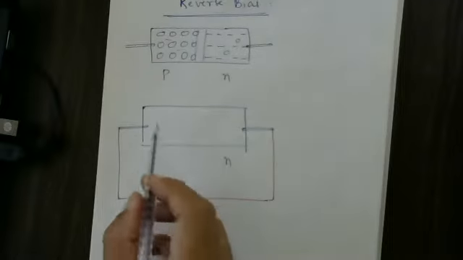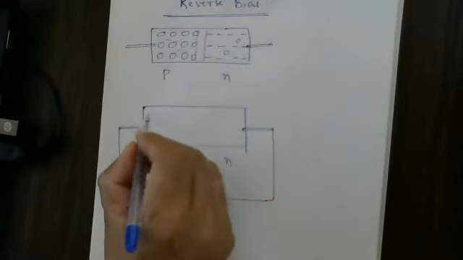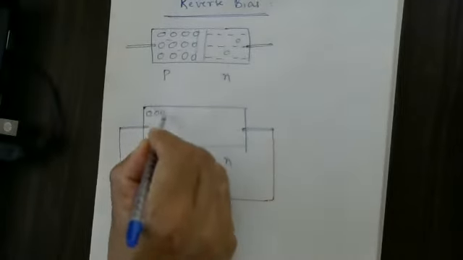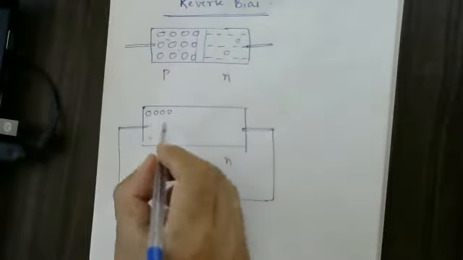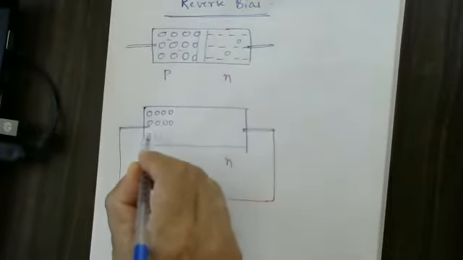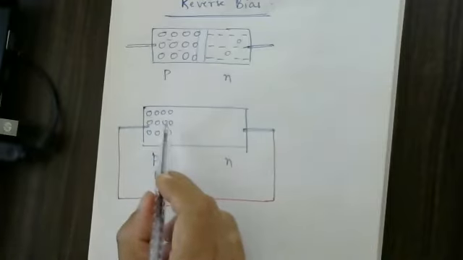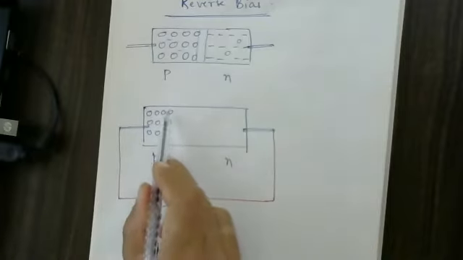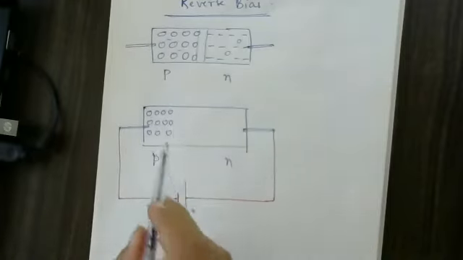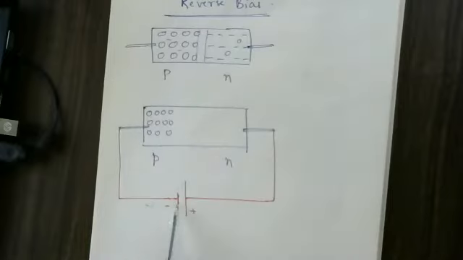In this reverse bias, holes are present here. Whatever holes are present here, they are all attracted towards the negative terminal. I mean, holes are having the positive charge. Here, we are applying a negative potential.